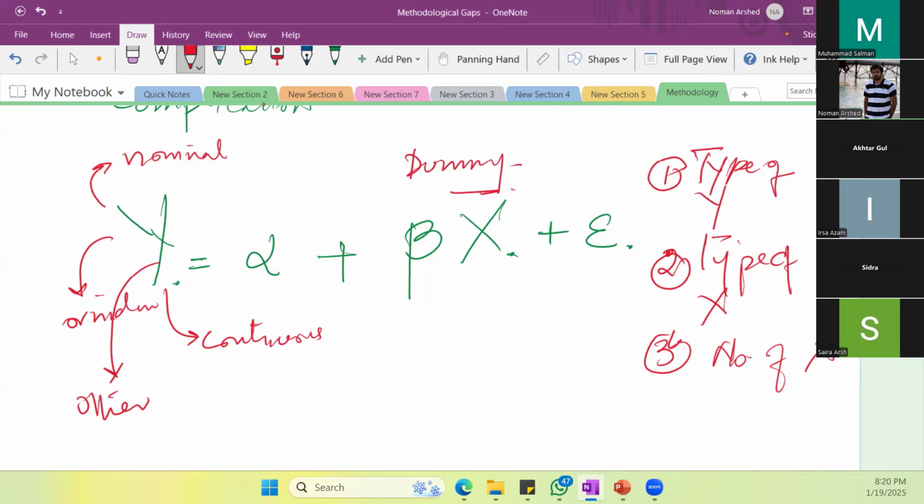If it's continuous, it will become an IV. If there are many, then there might be interaction. And if it is non-linear, it will be quadratic. So we need to see what kind of variables there are.